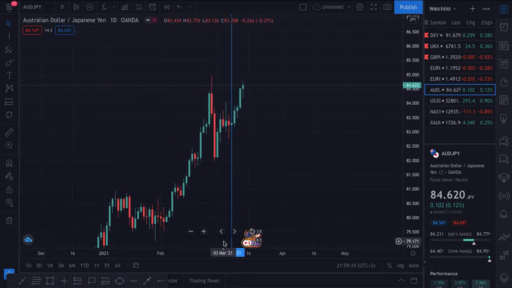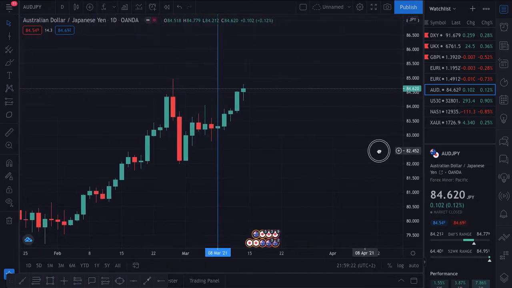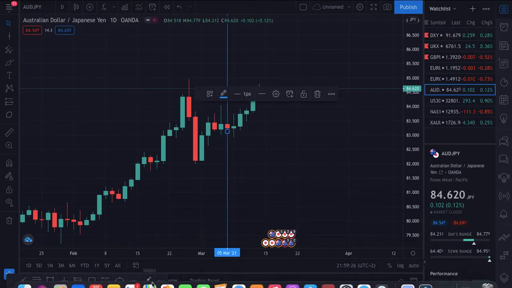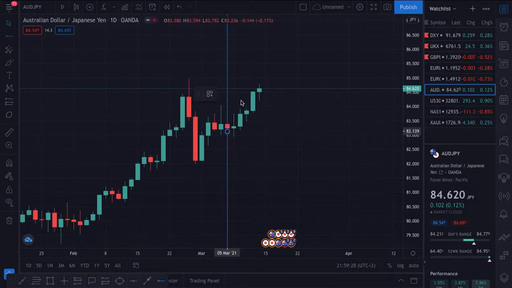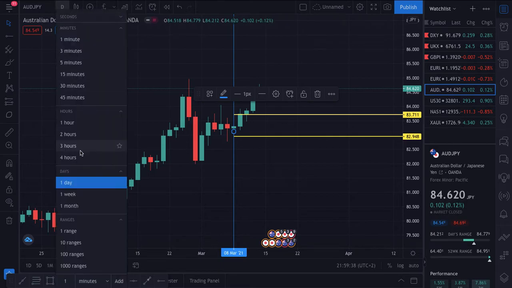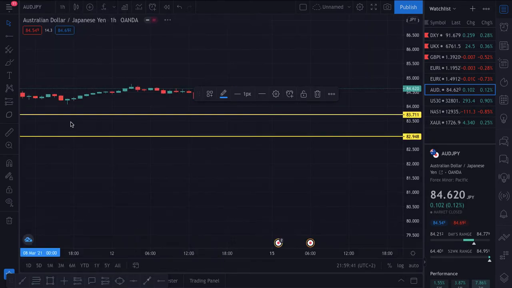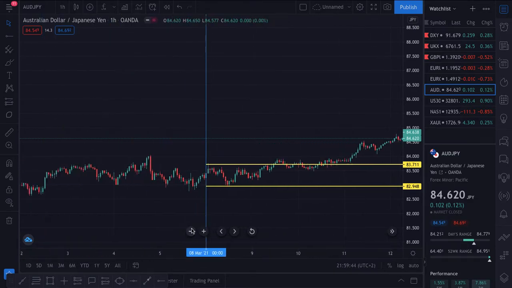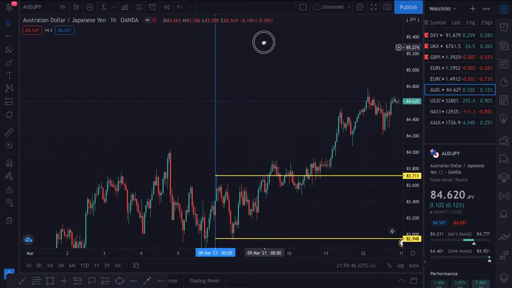So since it's the previous day's candlestick, before even starting with anything, I would like to mark out the daily high and the daily low, right? So let's switch to the H1 time frame and then try to see where we could have capitalized on it.